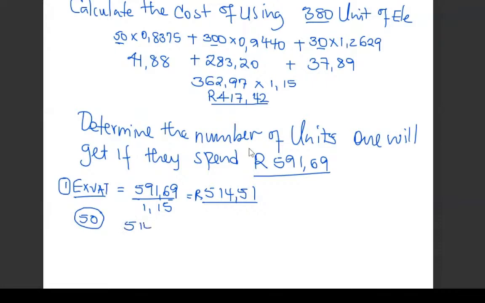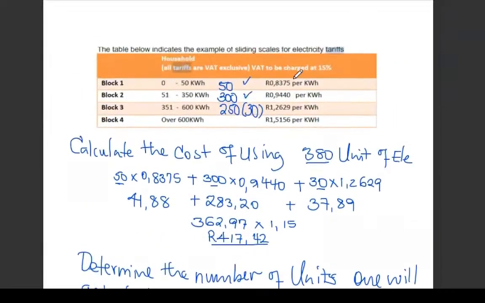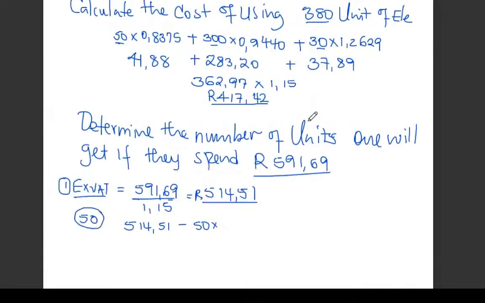So we shall say minus 50 times 0,375. When I do this, how many units am I catering for? I'm catering for the first 50 units. I put them aside.